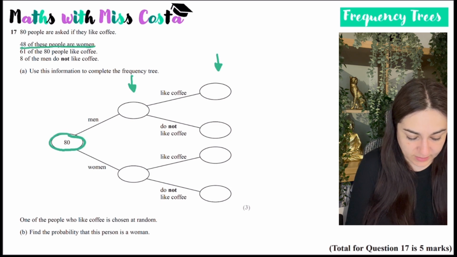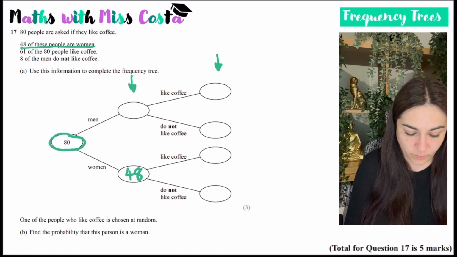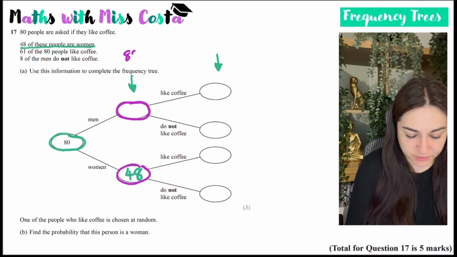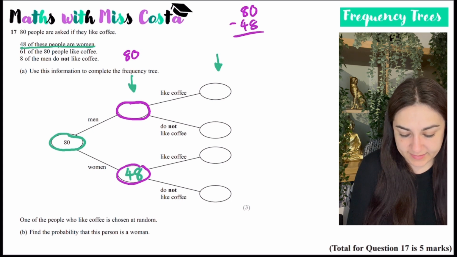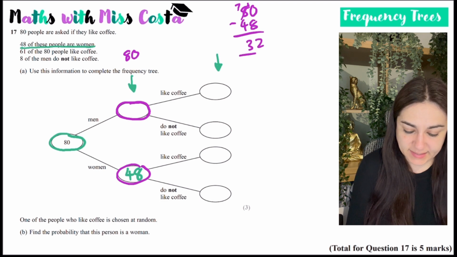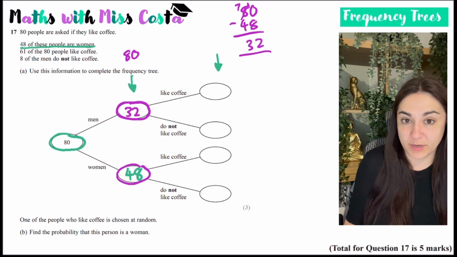So the total people are 80, and I know that 48 of them are women. Now I know that this branch and this branch are going to need to add up to 80. So what I can do is 80 take away 48, which is 10 take away 2, so that's going to be 32 to find out how many men there must be.